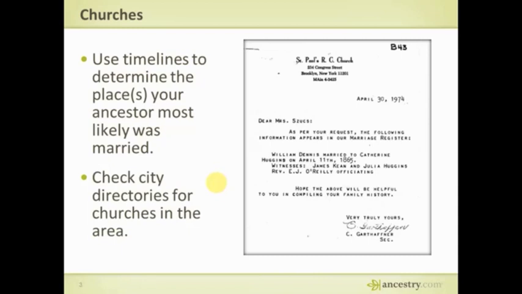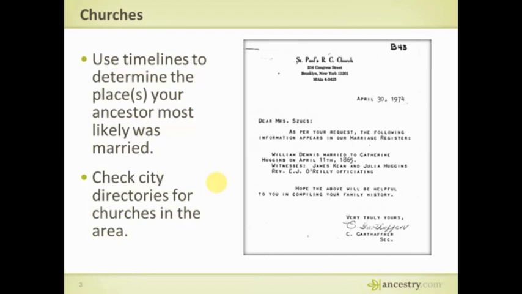They're a great resource. This is a letter that my mom sent to a church in New York where her great-grandparents were born in the 1860s. And so what we have to do sometimes is give them a little bit of information. What you can do is try and narrow the date of your ancestors' marriage by using timelines. And timelines are really easy to construct.